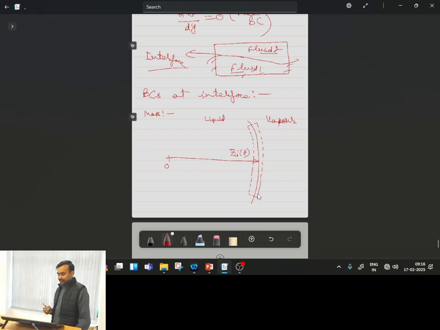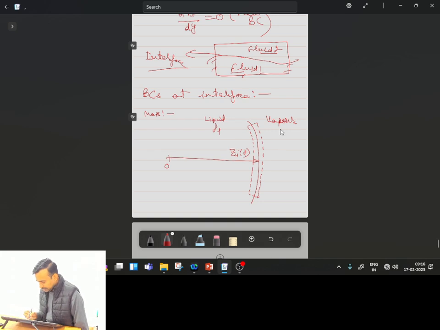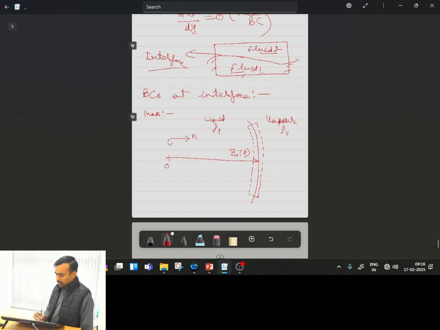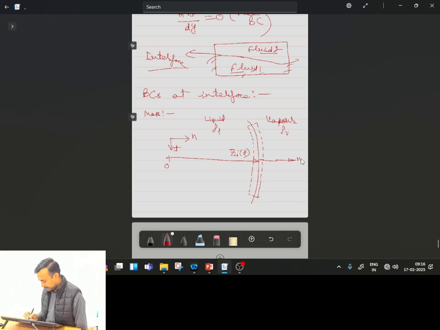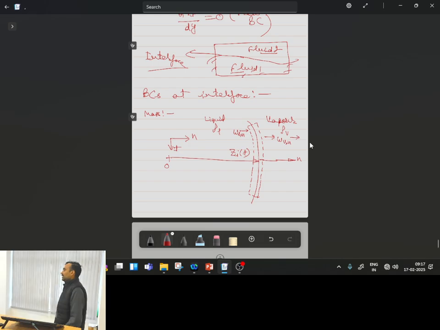Now let us consider that the density of liquid is rho L and the density of vapor is rho V. This particular direction I am pointing as the normal direction to the interface, and this direction I am considering as the tangential direction to the interface, which I can represent with symbol T. Normal to the interface, this is my N. WLN is the velocity of the liquid in the normal direction to the interface, and WVN is the velocity of the vapor in the normal direction to the interface.